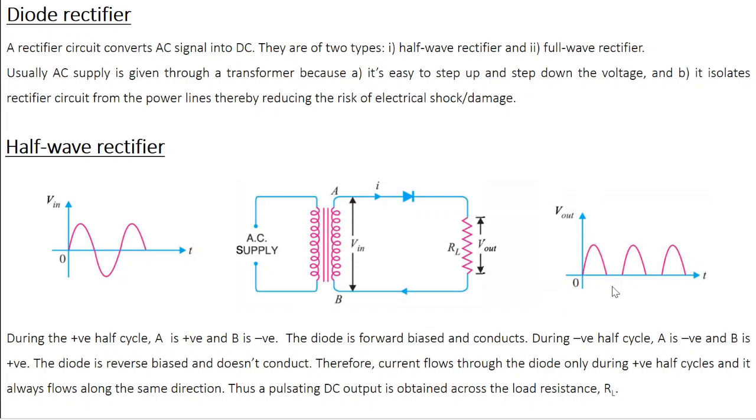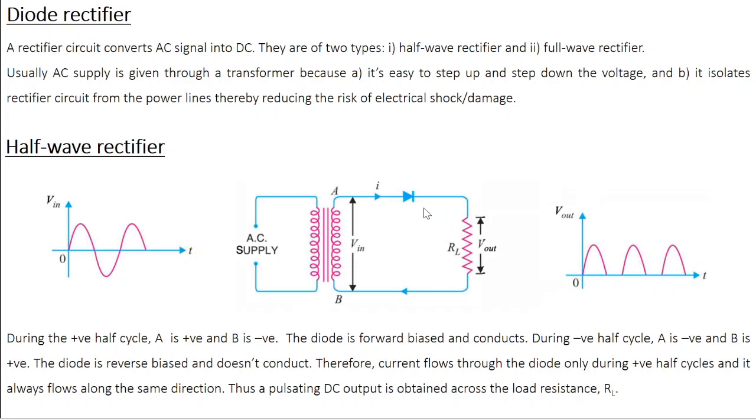So you get an output across the load resistor. During the negative half cycle, A is negative, B is positive. Now the P side is connected to negative terminal, N side is connected to positive terminal. In other words, the diode is reverse biased and doesn't conduct. So during the negative half cycle of the input signal, you do not get any signal at the output side.